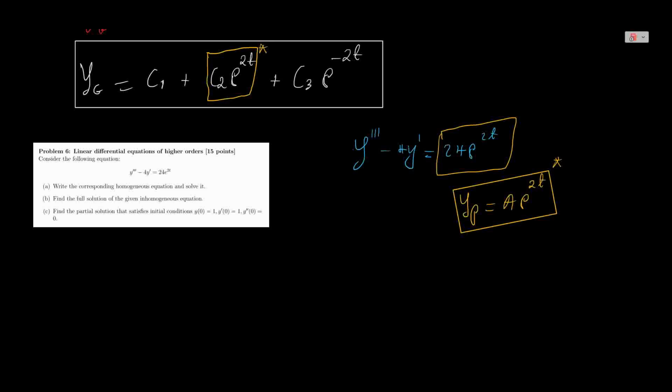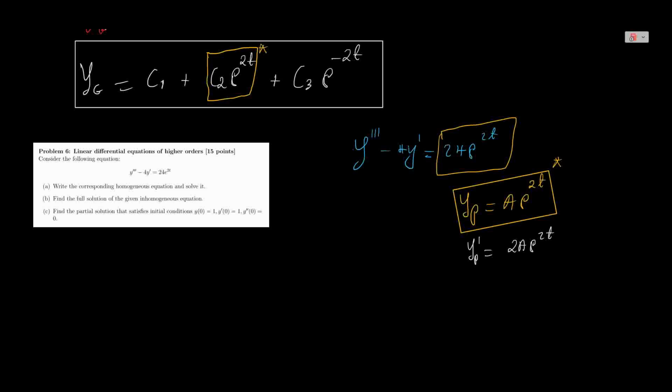What we need to do is look for our first derivative, second derivative, third derivative. For this particular solution, the first derivative is 2a e raised to the power 2t. Again, I already showed how to solve this in our previous videos, so if you're not understanding what I did here, simply check out those videos.